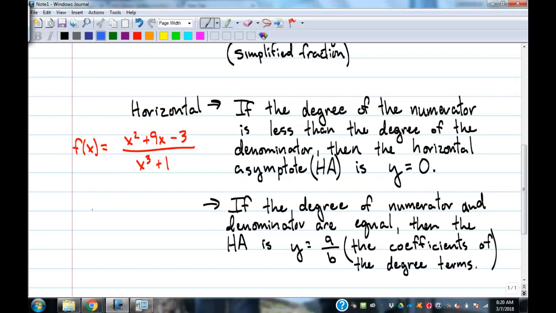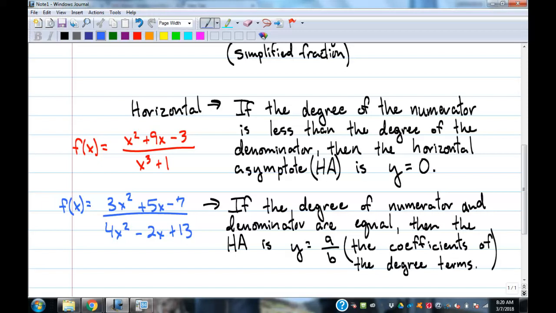Here's an example of a problem that has that property. Maybe something like 3x squared plus 5x minus 7 over 4x squared minus 2x plus 13. Both of them have x squared as the highest power in the numerator and the denominator. So we know that the degrees are equal.